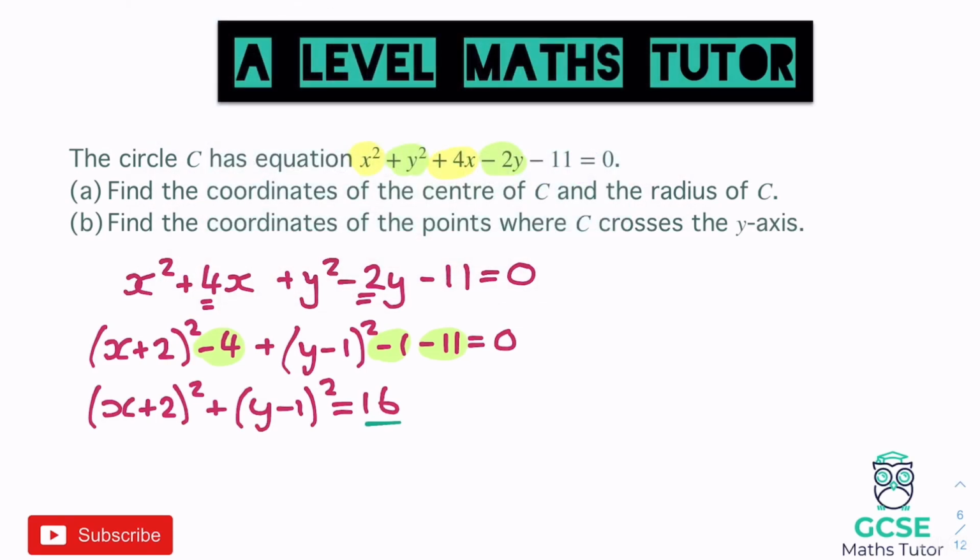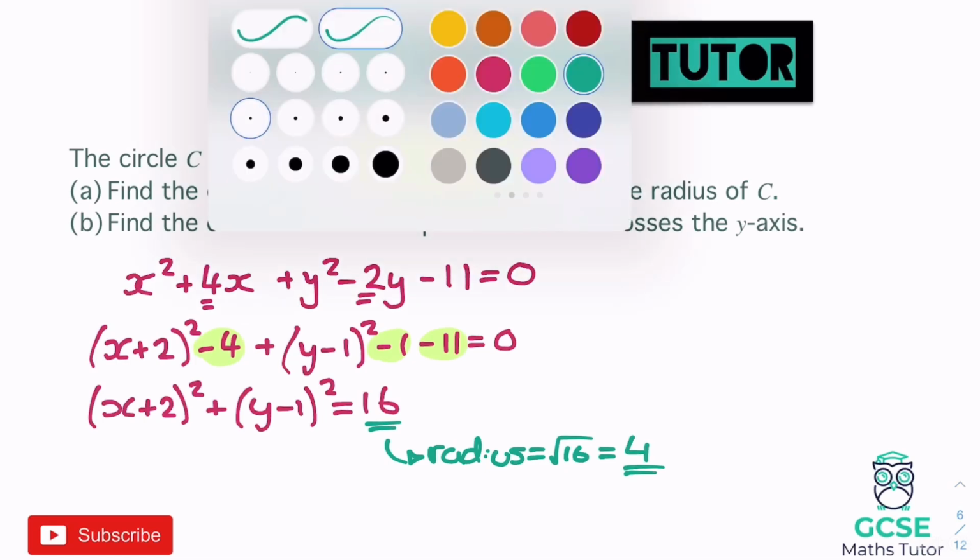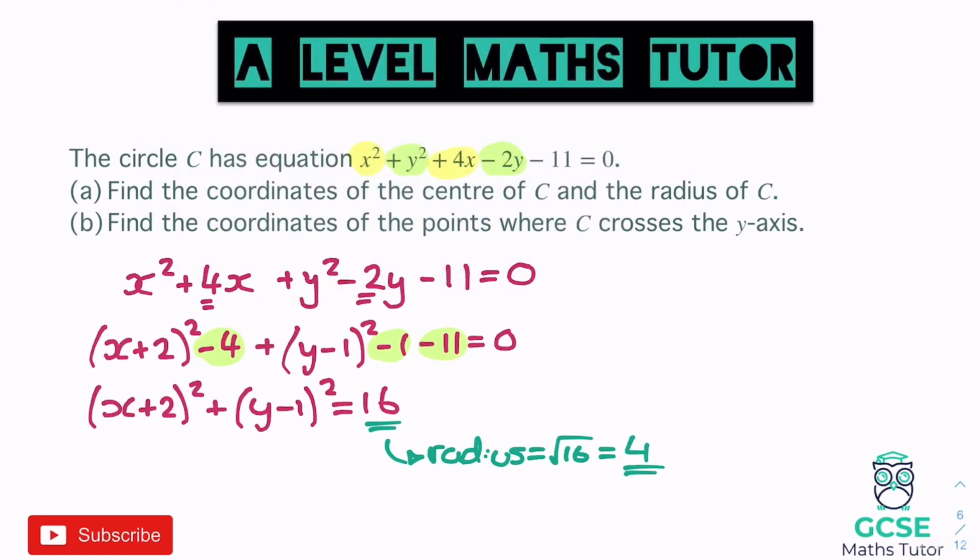Again, we've got the 16 at the end, so the radius equals the square root of that. So the radius equals the square root of 16, which equals 4. So there's our radius. And then we can get our centre points again. We've got one centre point here and another one here. And again, one of them's positive, one's negative, so just watch out. So our centre, there we go.